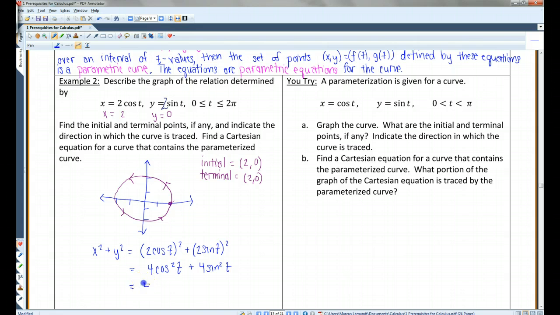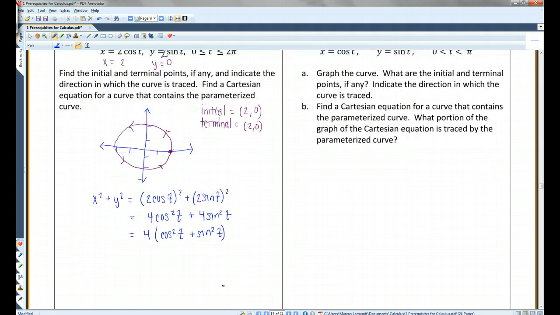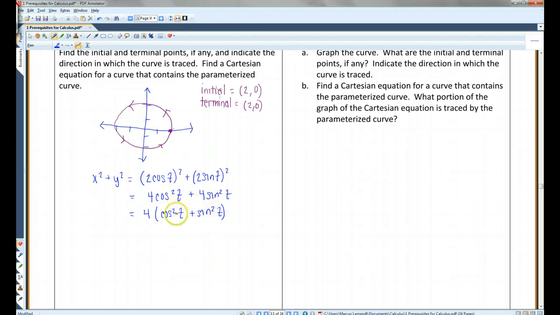I can pull out a 4. And if you remember from last year, your trig identities, cosine squared plus sine squared just equals 1. So this is 4 times 1, which is 4. So my Cartesian equation is x squared plus y squared equals 4.